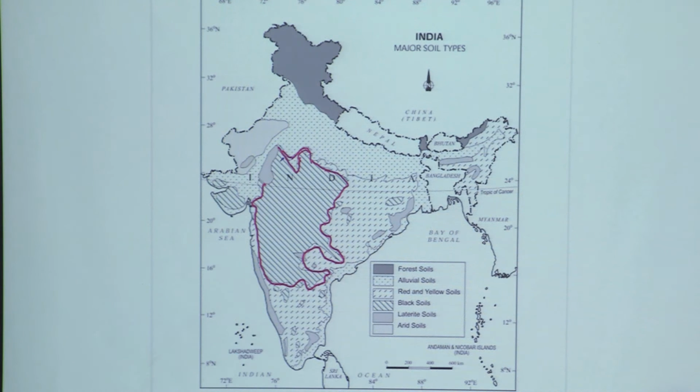So, I am shading the red soil area. Red soil area is extensive in the igneous rock strata of plateau interiors. So, where are we? We are in Jharkhand, we are in Chhattisgarh, in neighboring Odisha, Madhya Pradesh, Telangana, Andhra Pradesh.